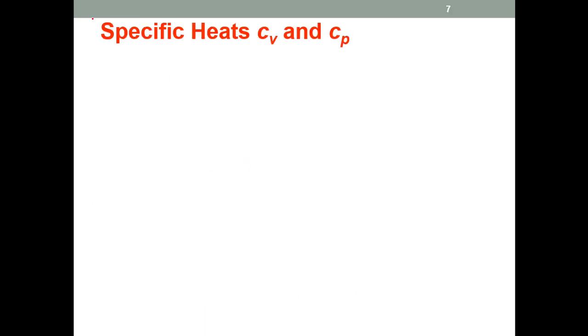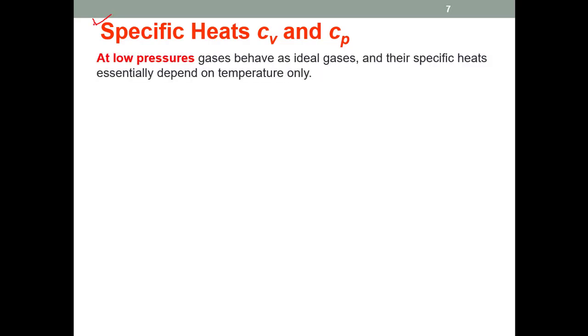Next is to figure out the general relationship for Cv and Cp. Now we know that at low pressure, gases behave as ideal gases. So if they behave as ideal gases at low pressure, then Cv and Cp depend on temperature only.